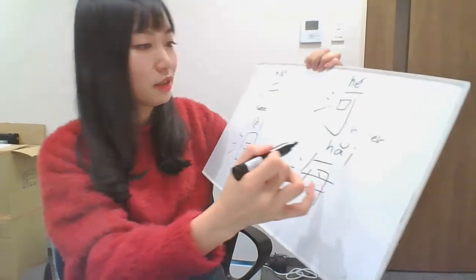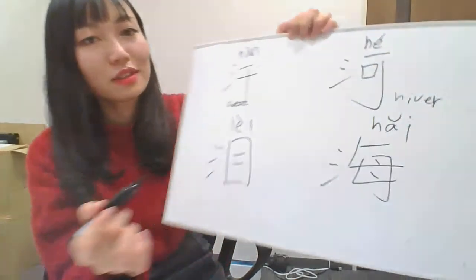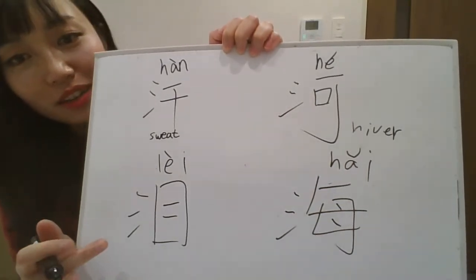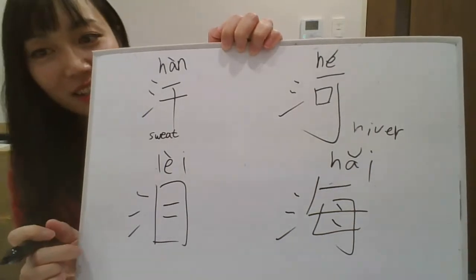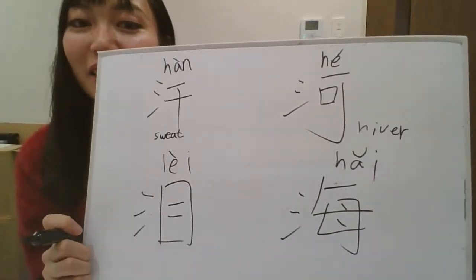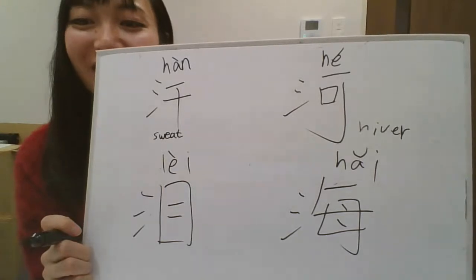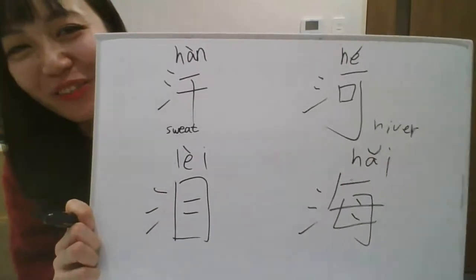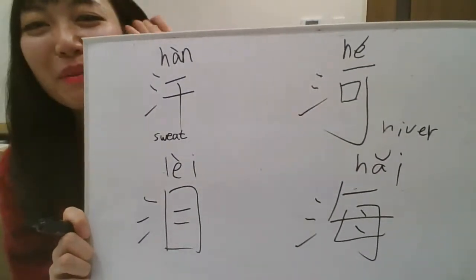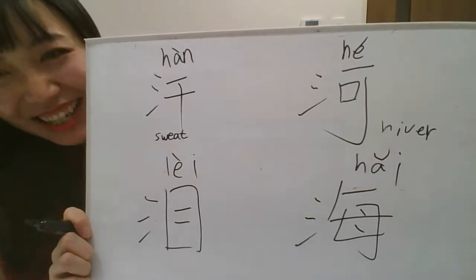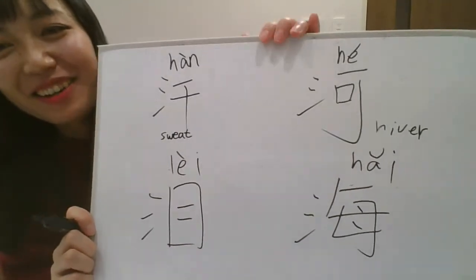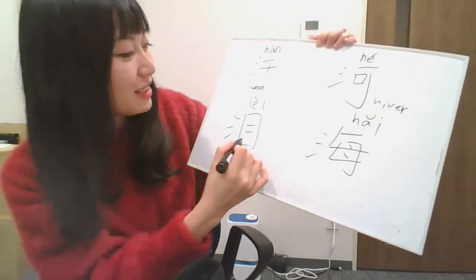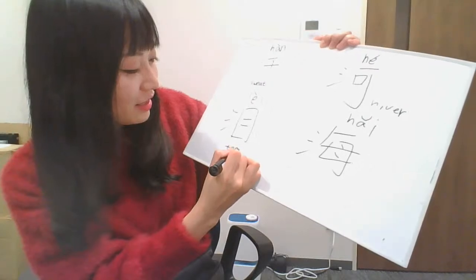The river. How about this one? Lei. Maybe your internet is a little bit slow. Okay, yes, it's tear. This character means the tear. Namida.